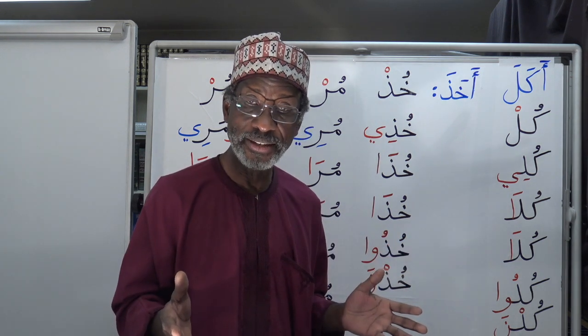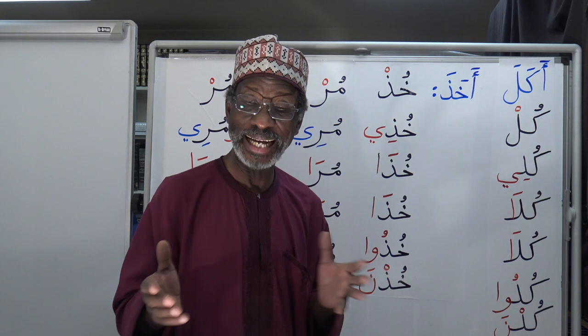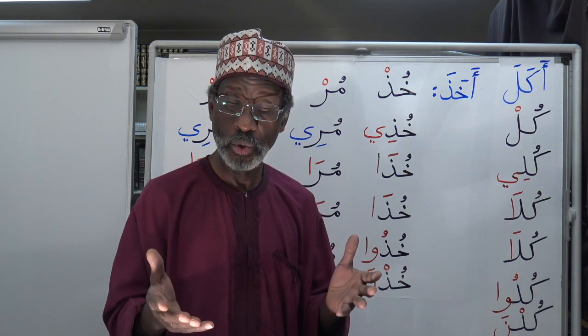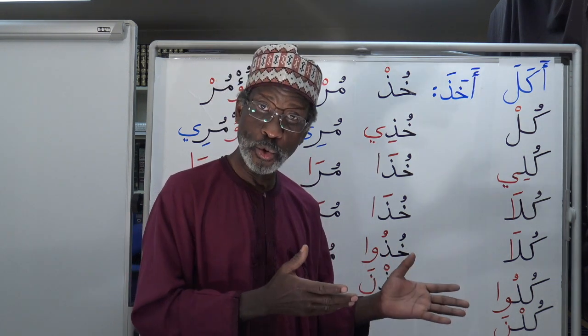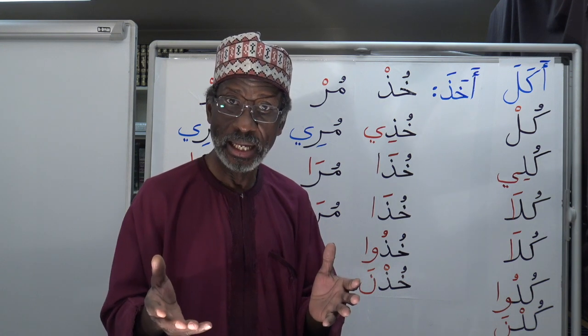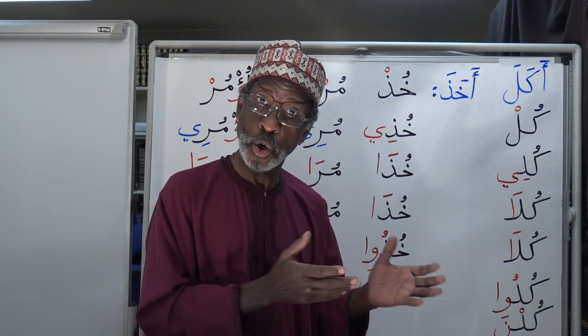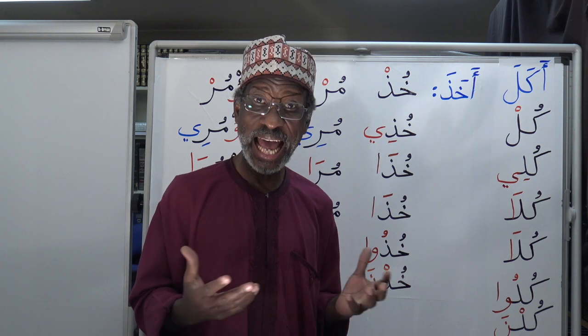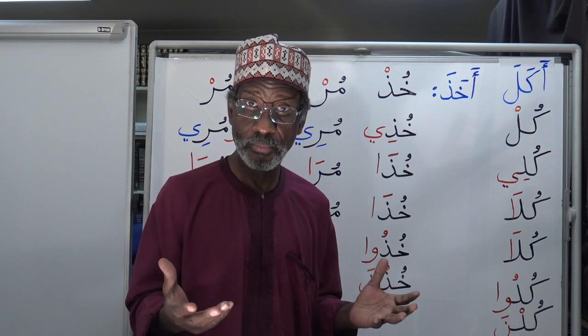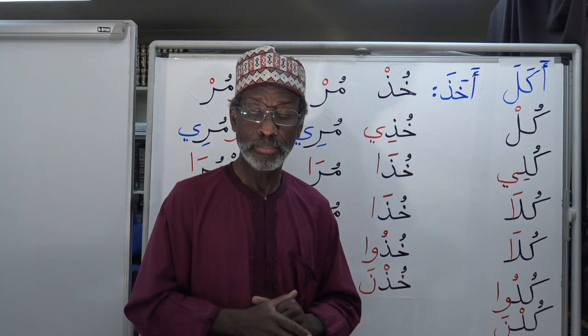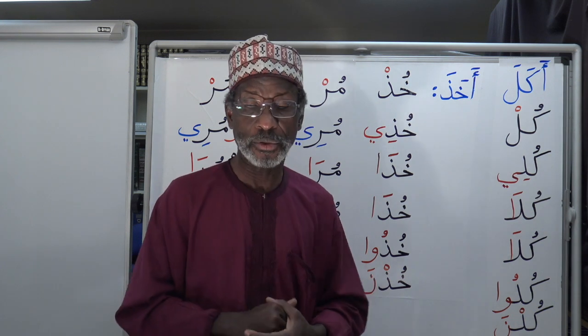Second person, present tense, you start with ta. Ta'kulu, ta'kulani, ta'kuluna, ta'kulina, ta'kulani, ta'kulna. And the first person, akulu and na'kulu. Present tense, no issue at all.